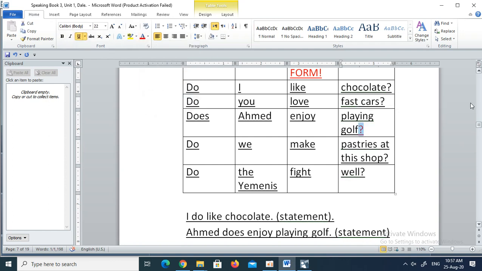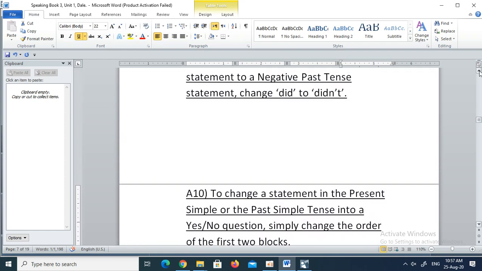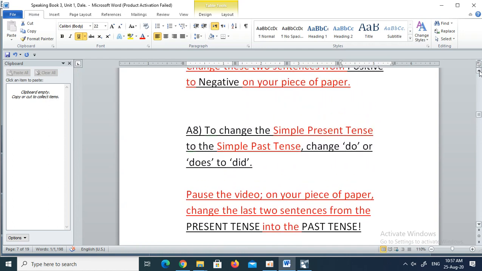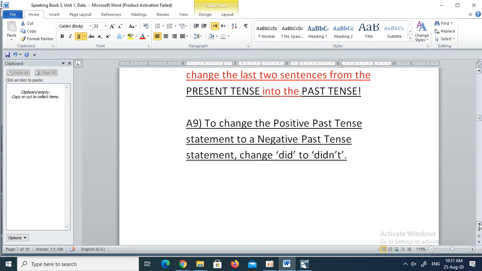So, let us go back and have a look. In fact, let us not go back and have a look. Let us try some different examples.